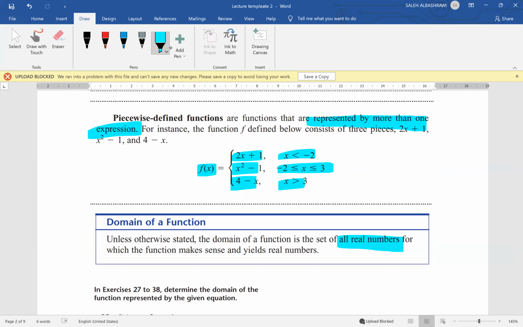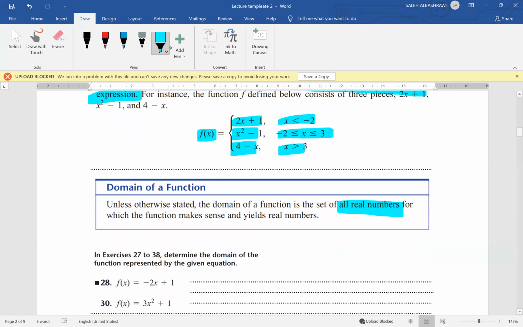So these values of x will give me the domain of the function. Unless stated otherwise, the domain of the function will be all the real numbers from minus infinity to plus infinity. In general, this is given for polynomial functions. If we have a linear or quadratic or any polynomial function, the domain will be from minus infinity to plus infinity, or we can say it is all the real numbers.